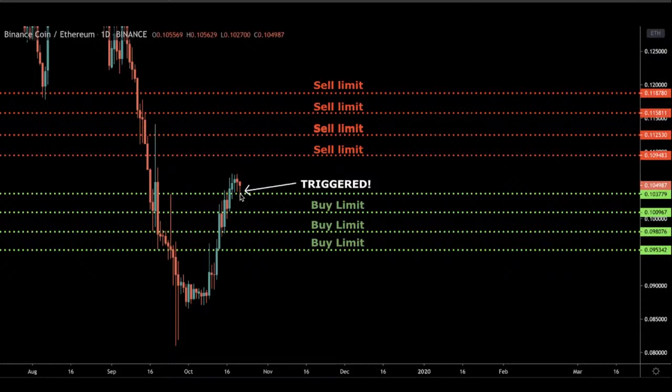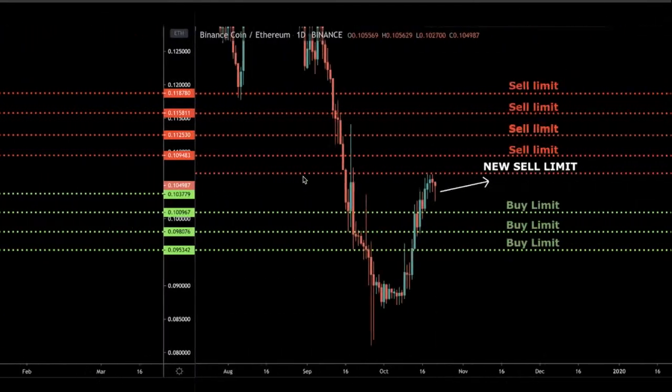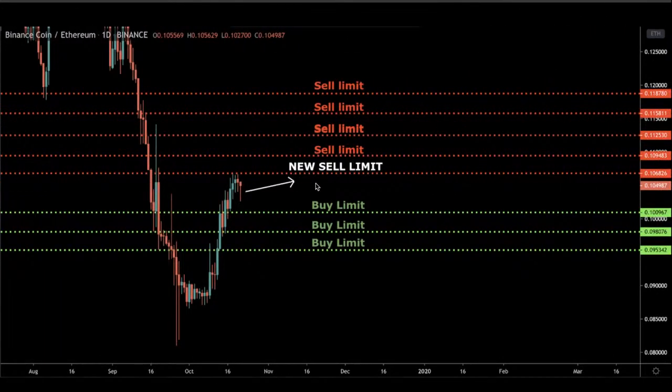So what's going to happen? The bot will buy the base currency, in this case Binance coin, using your Ethereum. In this case Ethereum is the quote currency, and right after it executes the buy limit order, a new sell limit order right above this level will be placed, maintaining the so-called grid spacing.